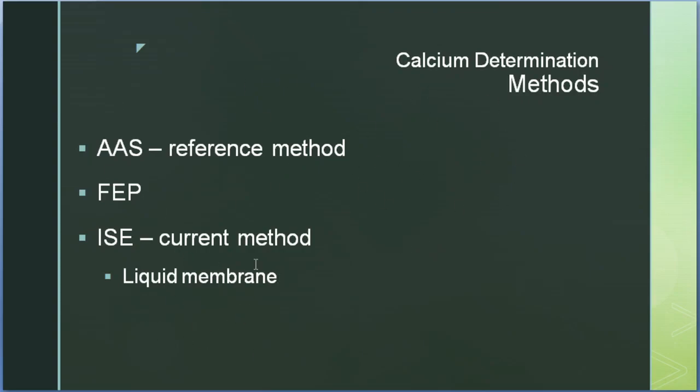Pag bind na siya sa ating membrane, anong nangyayari? There will be electrical potential. At yung electrical potential is directly proportional to your ionized calcium concentration. So, dyan natin malalaman ang level ng ating calcium. So, this is basically more sophisticated rather than those mga colorimetric method. But in the laboratory, we do your colorimetric method.